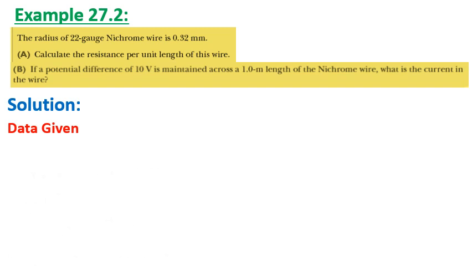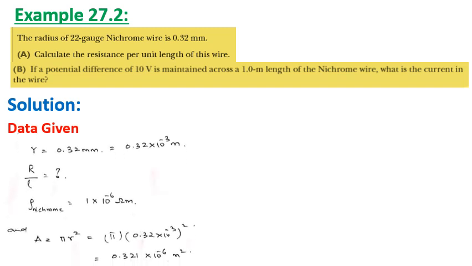So the data given is r equal to 0.32 mm, after converting into meters, 0.32 into 10 to the power minus 3. R over L is to be calculated. Rho of nichrome is 1 into 10 to the power minus 6 ohm meter.